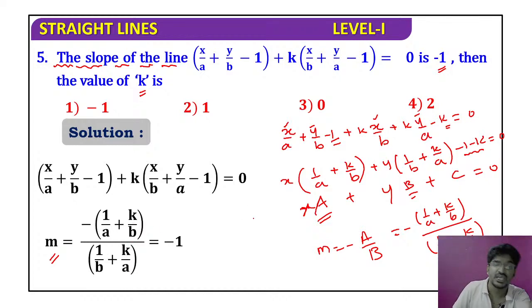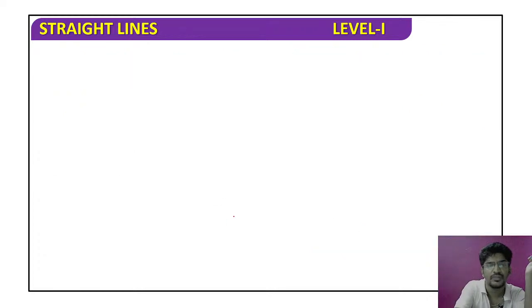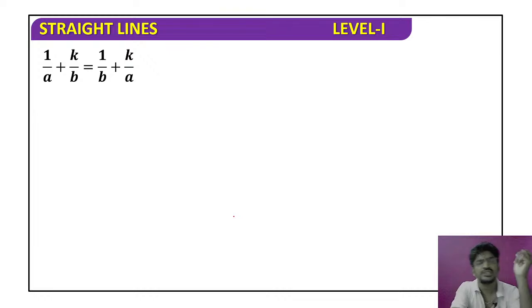You can simplify this equation and you can write what is k. So you see here, to simplify that, that will be 1 by a plus k by b equal to 1 by b plus k by a.